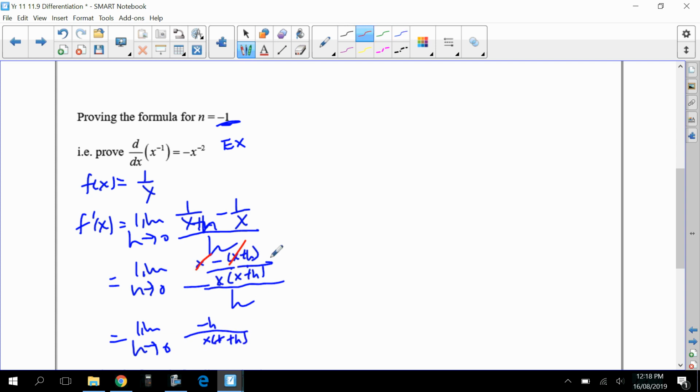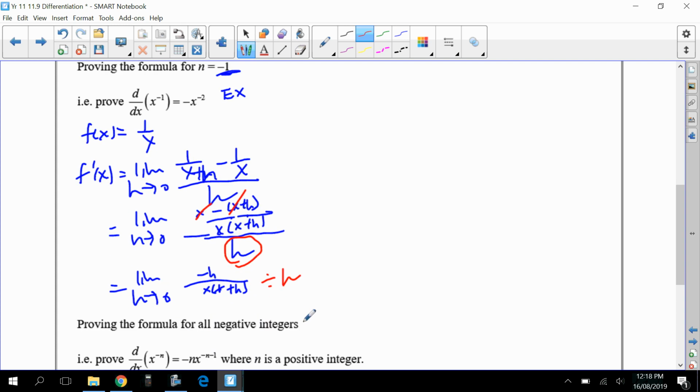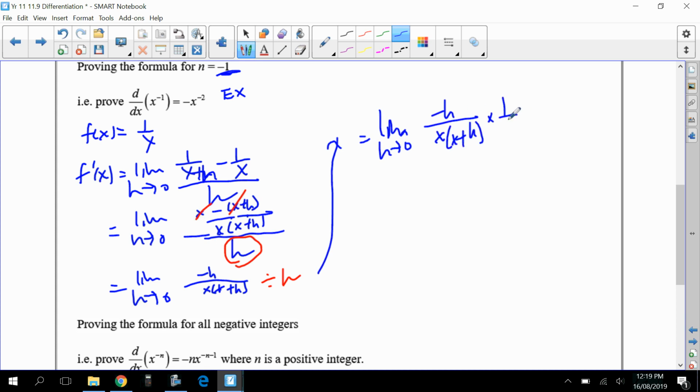When you have h in the denominator, you divide it by h like this, and when you divide, it's the same as multiplying by the reciprocal. Notice that you have to keep writing the limit until you take the limit. x plus h times by the reciprocal, and that cancels, and you end up with -1 over x plus h. And now you are in a position to substitute h equal to 0.